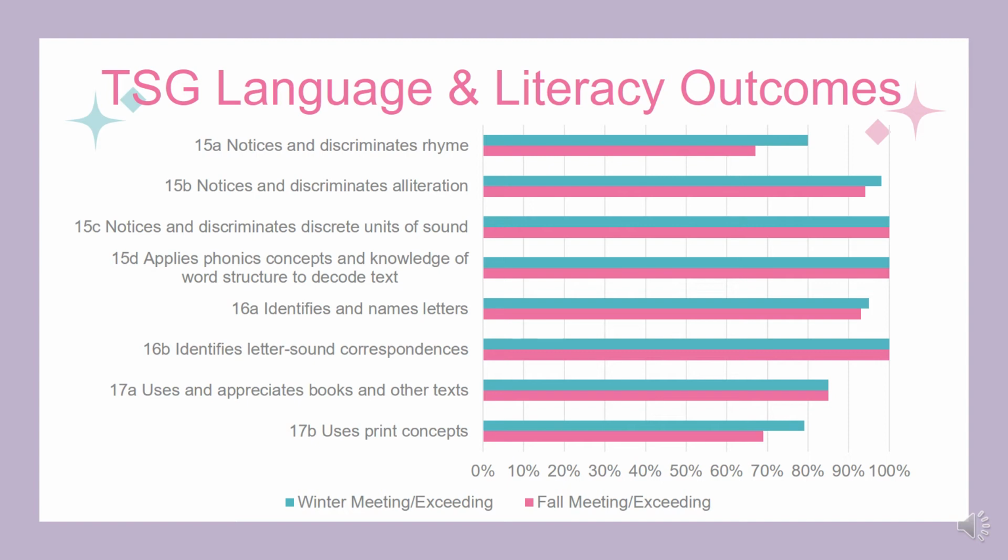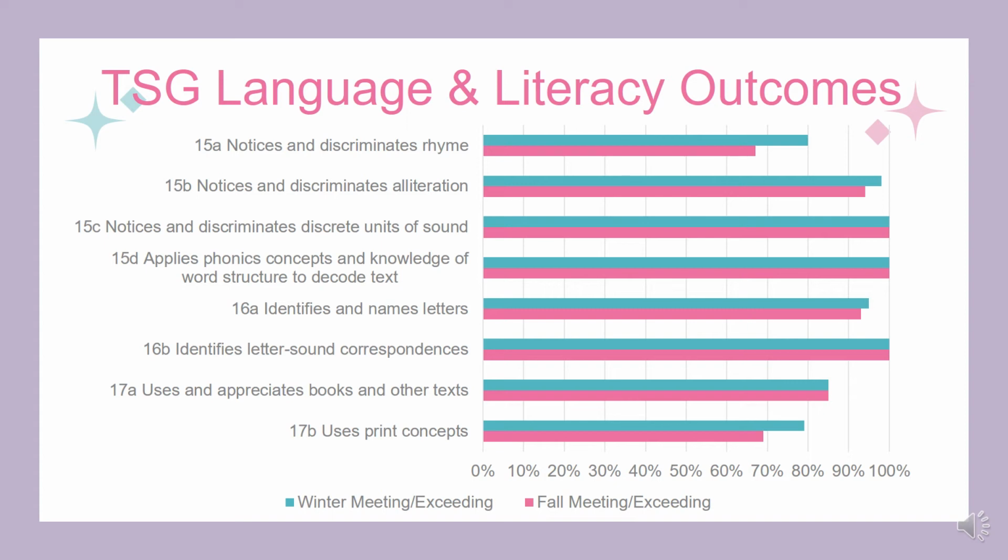So when you are analyzing this data for your classroom, take a little look at 17A and see what that looks like for your class. You'll also notice 15C, 15D, and 16B are all at 100%. They were at 100% in the fall, and they remain at 100% for the winter.